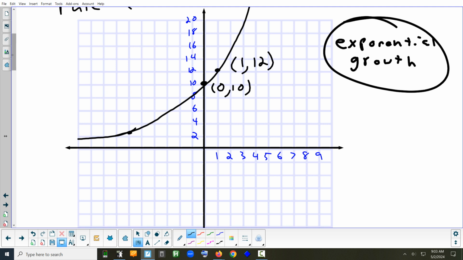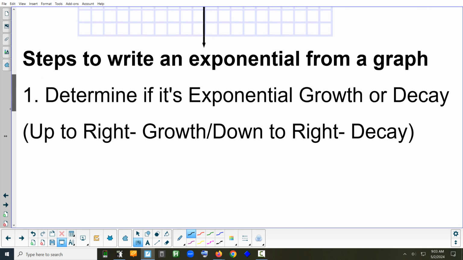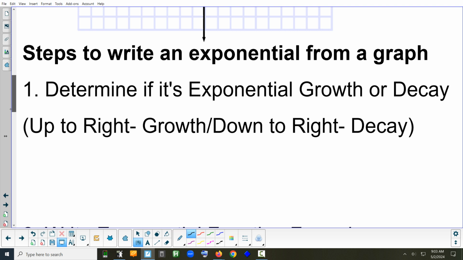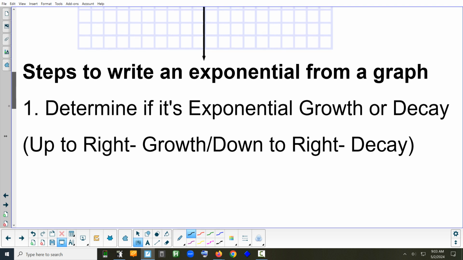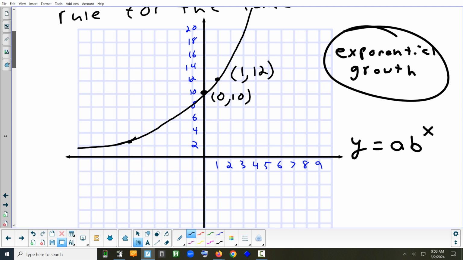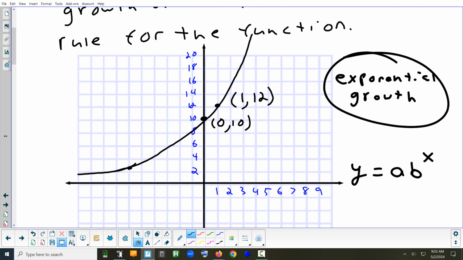Y equals A times B to the power of X. And what are the two letters we have to figure out? A and B. Let me give you the steps, and then we'll try to do it. We figured out it was growth, and you really don't need steps for that because it curves up to the right.